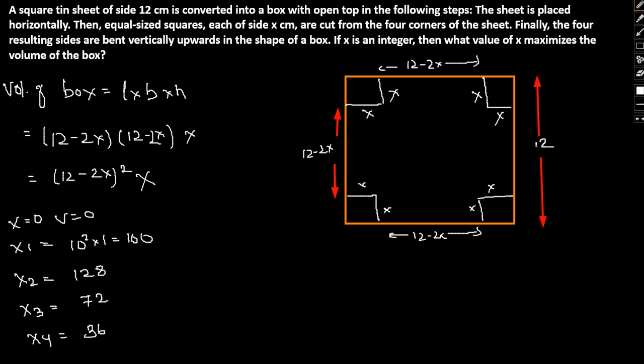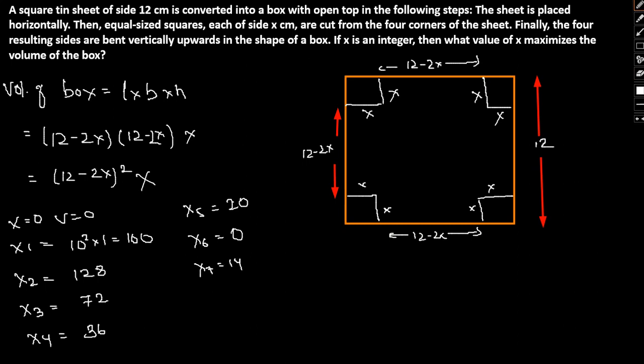Let's take a look at x equal to 5. For x equal to 5, we have 12 minus 10 is 2, 2 squared is 4, and 4 into 5 is 20. For x equal to 6, it will be 0.